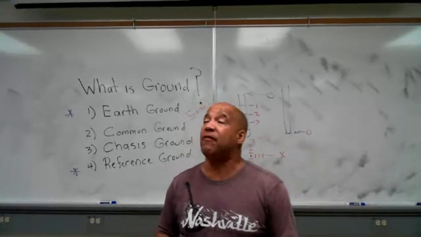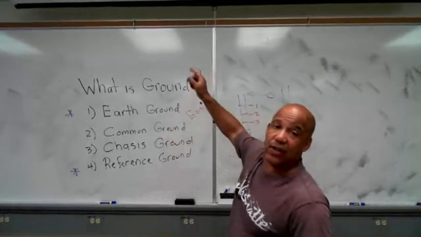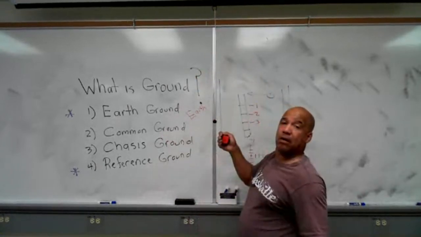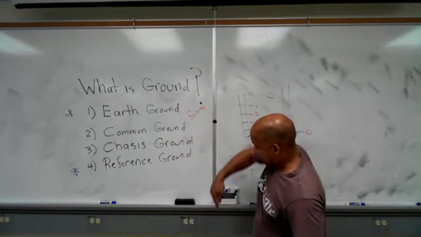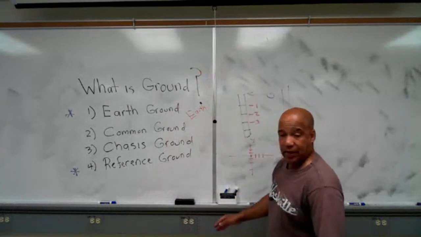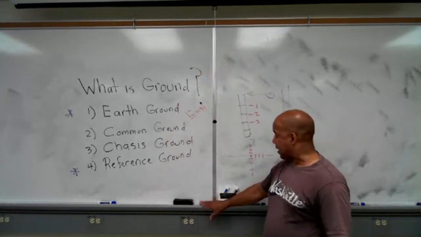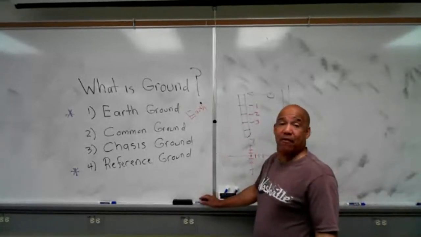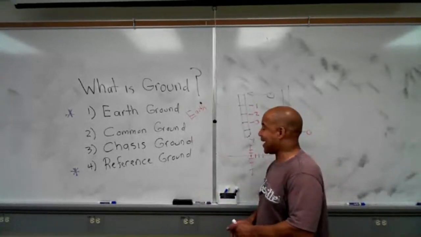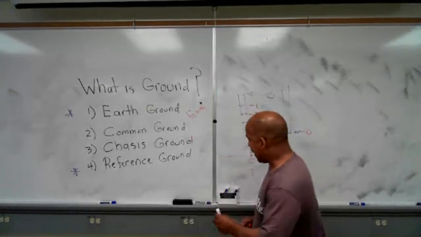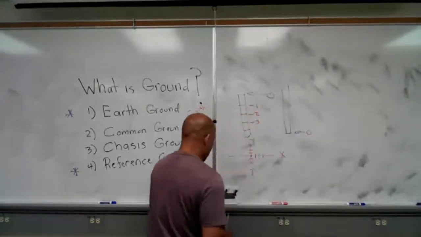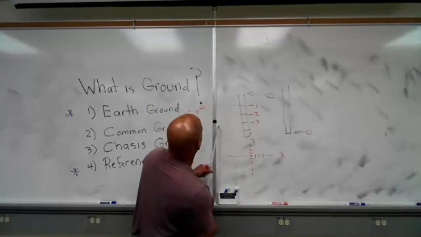But there's no reason, if I'm measuring, say, the height of the ceiling, that I have to have my 0 up there, this end up there, or my 0 down there. If I wanted to, I don't know if you can see this in the camera, but I got my marker sitting on this thing right here. If I wanted to, I can make that my reference. If I do that, then I got 2 measurements. The reference is just the starting point. So I can start my measurement right here, and I can measure up from there.